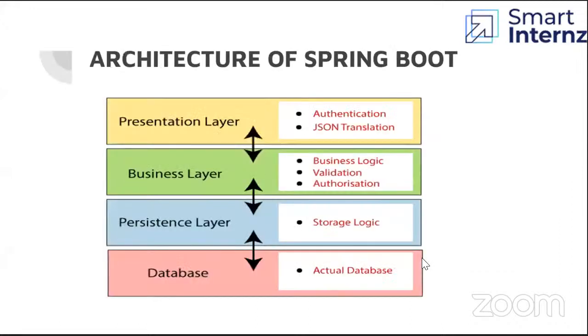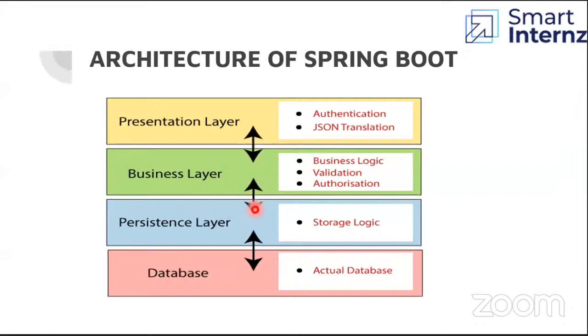Now, let's see the architecture of Spring Boot. I hope you can see the slide, right? We have four layers: database, persistence layer, business layer, and presentation layer. One thing you need to observe here is that every layer can communicate with the layer that is present either directly above it or directly below it. If you take the case of the database, it can directly communicate with the persistence layer, but it cannot communicate with the business layer.